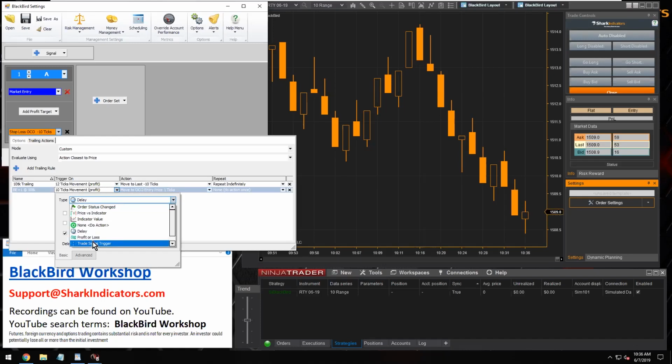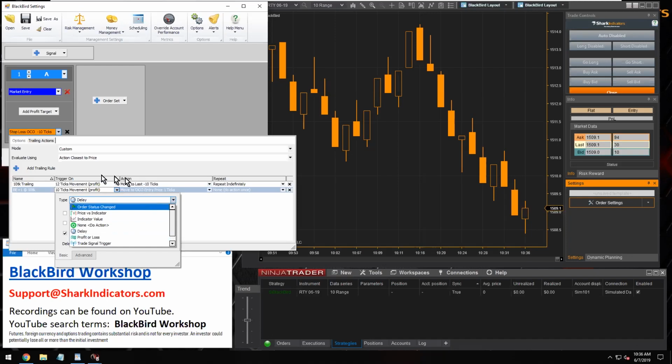There's lots of other conditions you can wait for. Another popular one would be profit. A lot of people say, I want to wait until my trade has $100 in profit, and then start trailing that stop loss behind the market some amount. So probably the delay and the profit or loss are the two most used trigger conditions here.